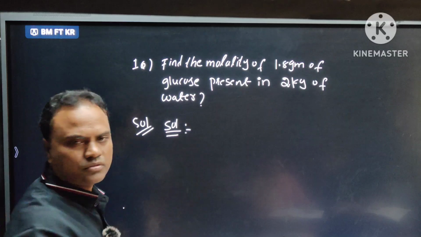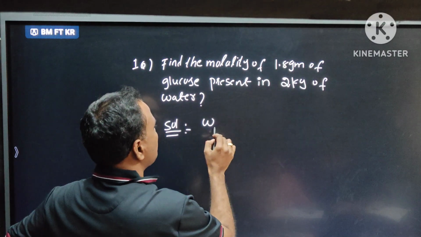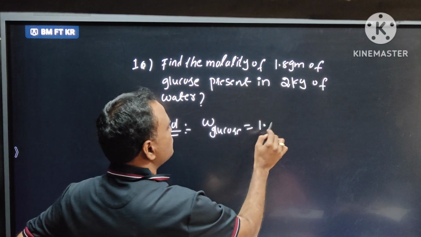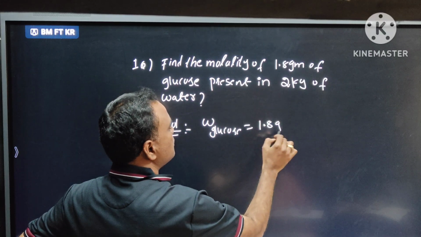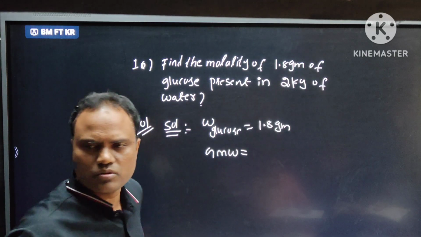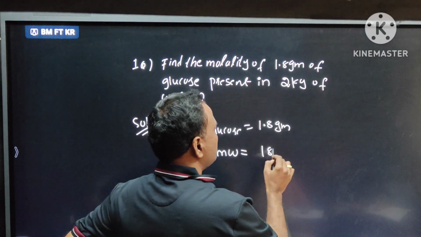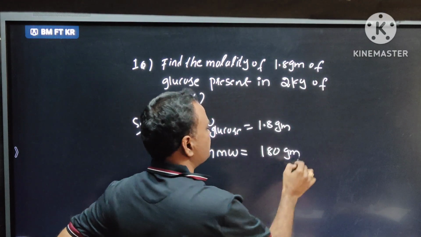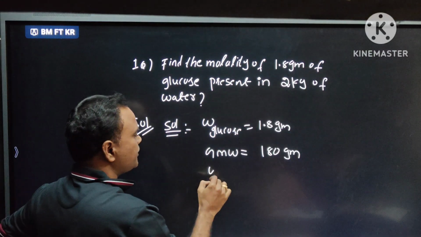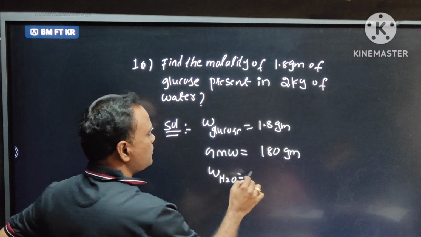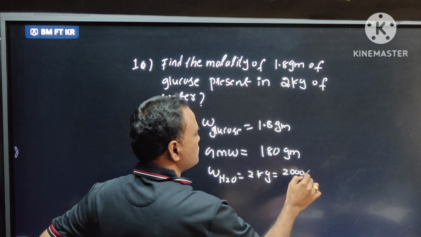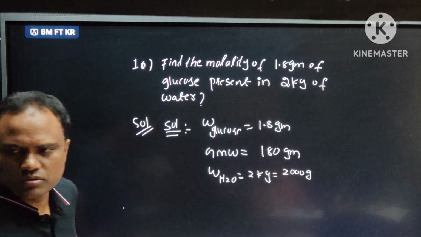Weight of glucose is 1.8 grams, and gram molecular weight of glucose is 180 grams. Weight of water is 2 kilogram, convert it into grams, 2000 grams.